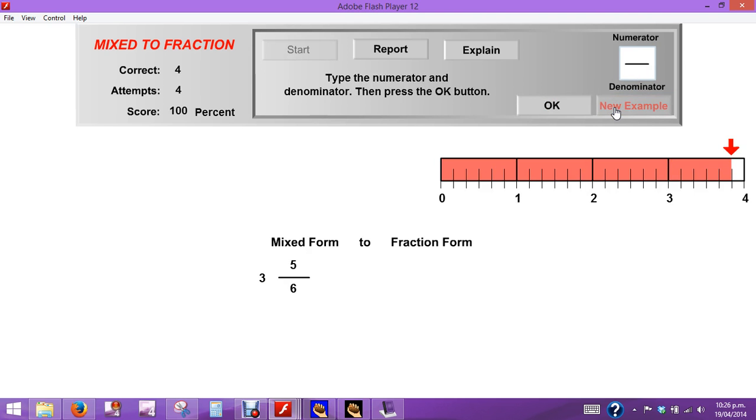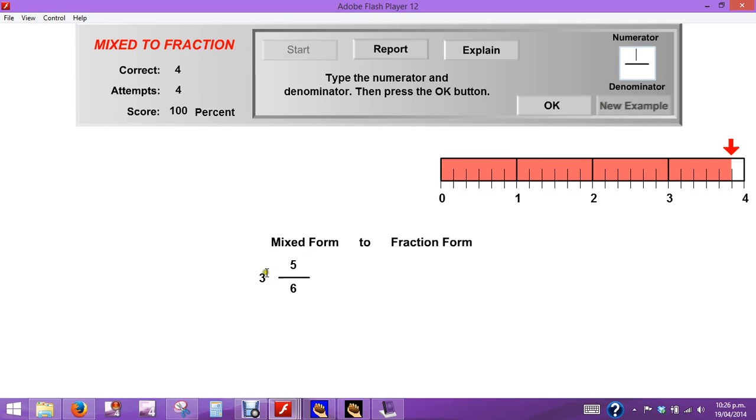Next example, we have 3 wholes, and 5/6. Within the 3 wholes, each whole has 6/6. So 6, 12, 18/6 in 3. 19, 20, 21, 22, 23.